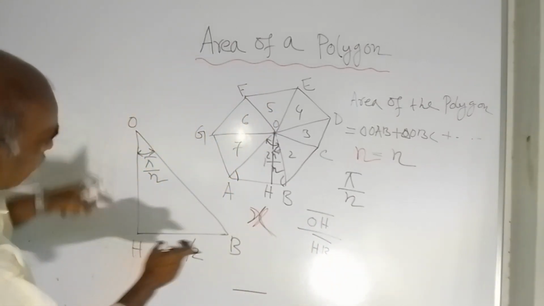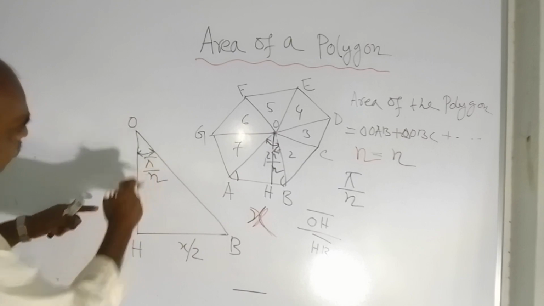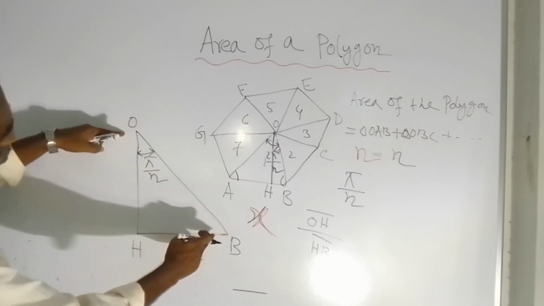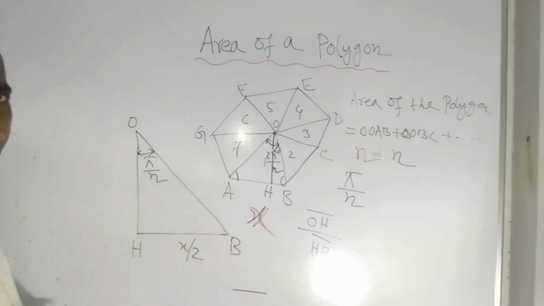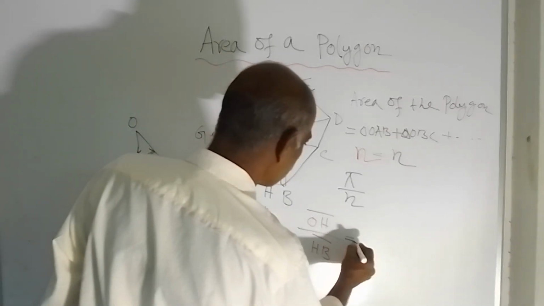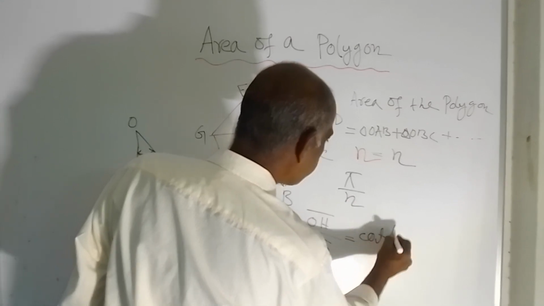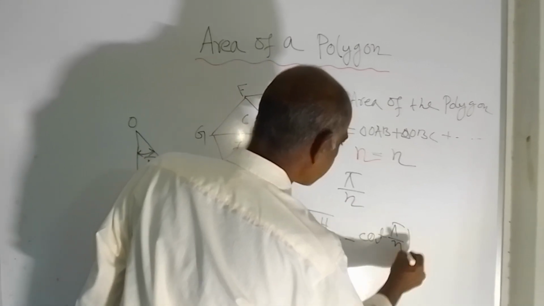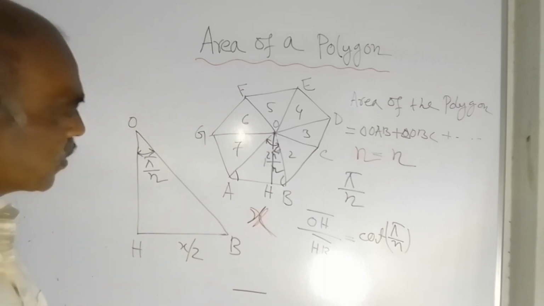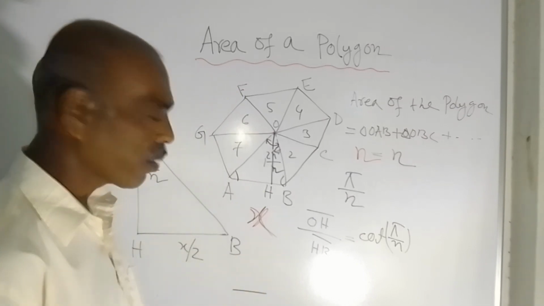With respect to this triangle, this is base and this is height. So base by height, that is cot. So OH by HB is equal to cot pi by n.